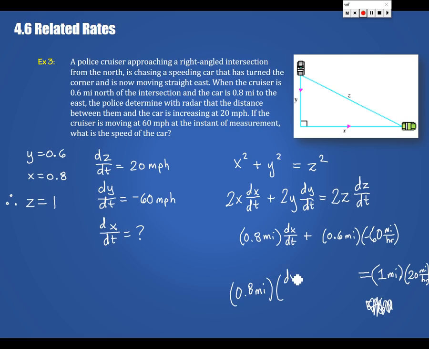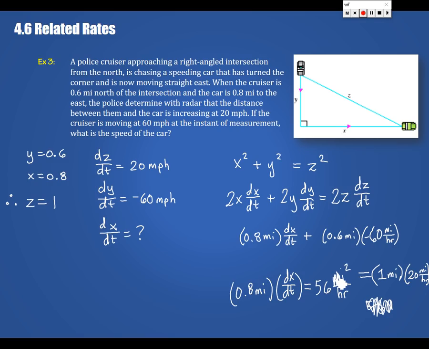Negative 36. So if we add that to the other side, what do we get here? Is it 56 or 5.6? So you get 70 for this. 56. Oh, sweet. Again, that's miles squared per hour.